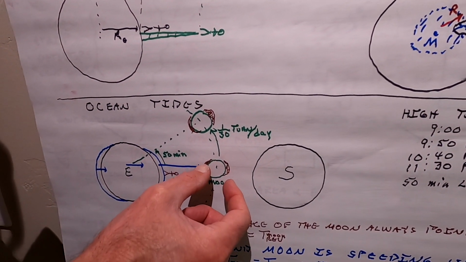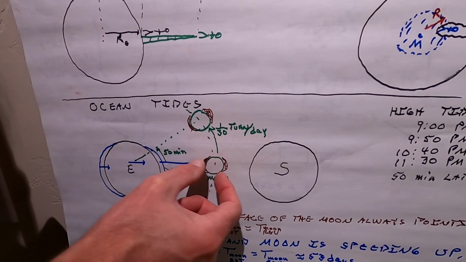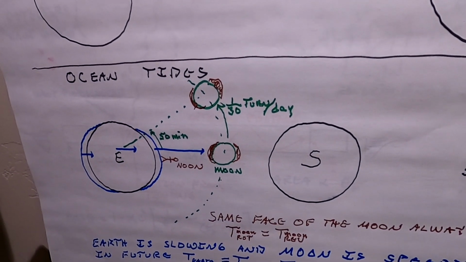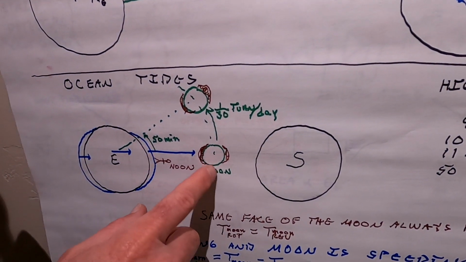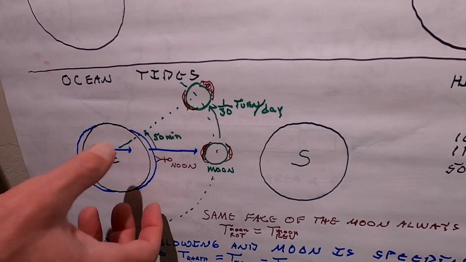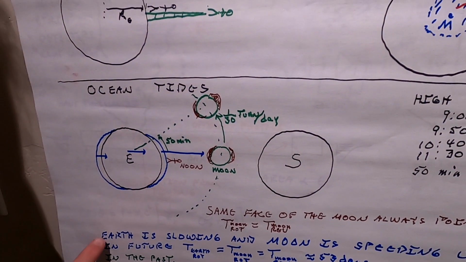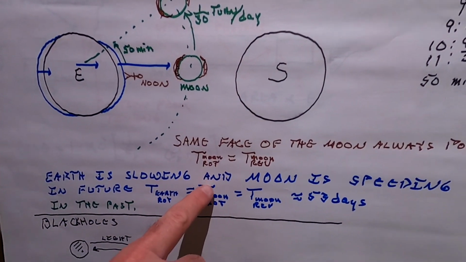So the same fate: it's just that the moon is much smaller than us, and it has already slowed down to where its tides don't change. We're slowing down until our tides don't change right here. So the Earth is slowing down.